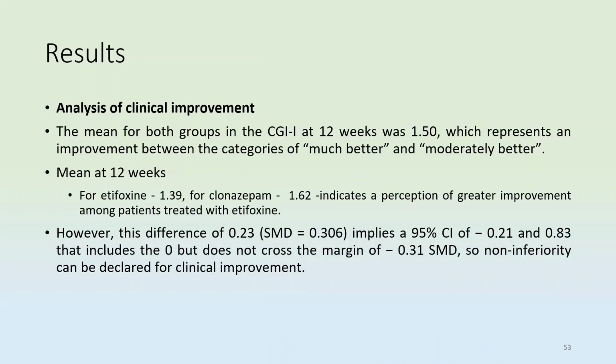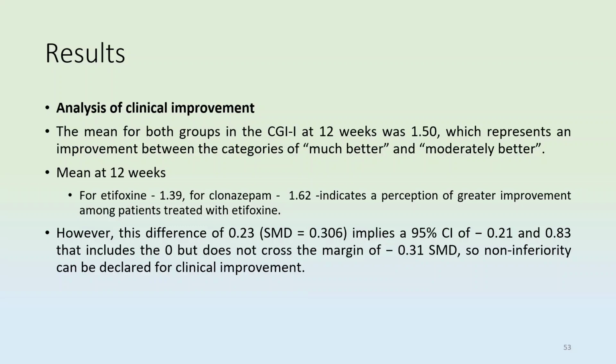Analysis of clinical improvement. The mean for both groups in the CGI-I at 12 weeks was about 1.5, which represents an improvement between the categories of much better and moderately better. Mean at 12 weeks for etifoxine was 1.39, for clonazepam was 1.62, indicating a perception of greater improvement among patients treated with etifoxine.